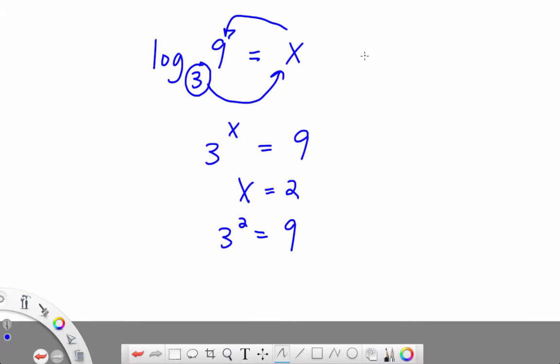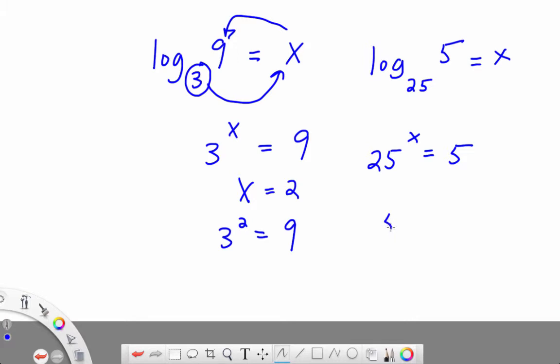Now let's get a little bit more advanced here. What's log base 25 of 5? We can assign this the variable x, and we can say 25 to the x equals 5. Now this one's not quite as easy as the previous examples, but we can figure out the answer a couple ways.